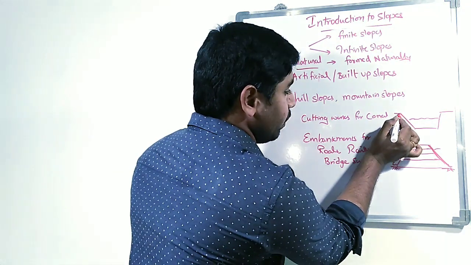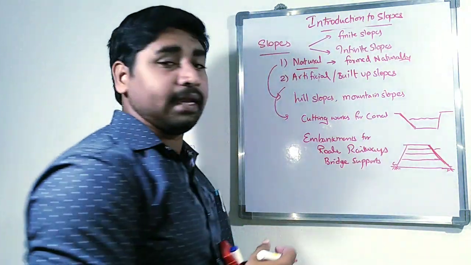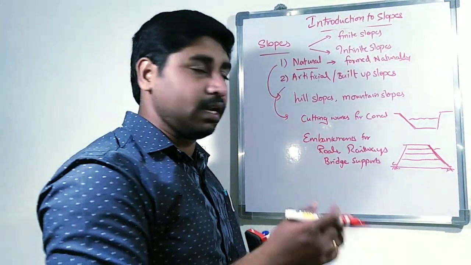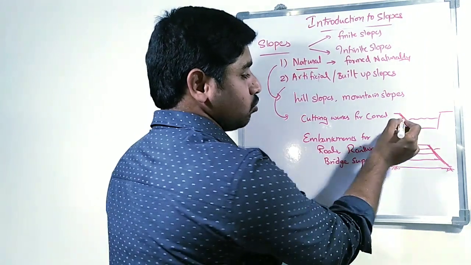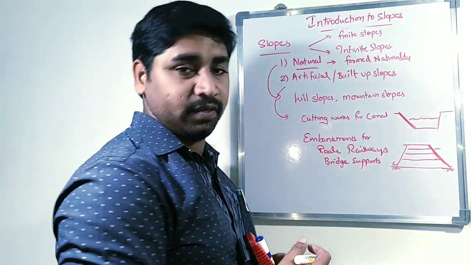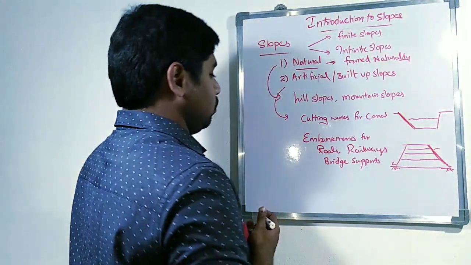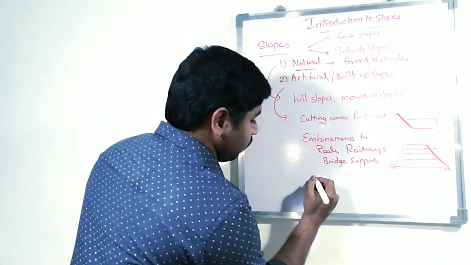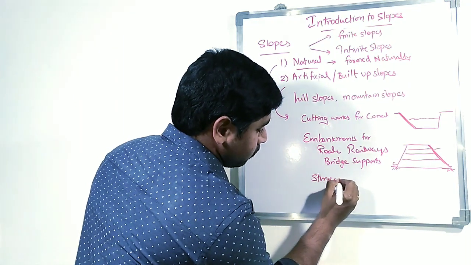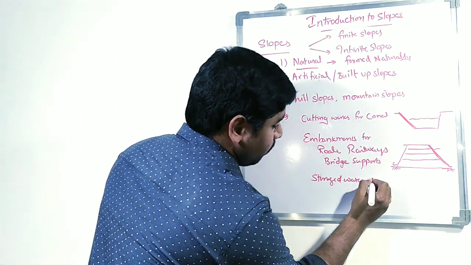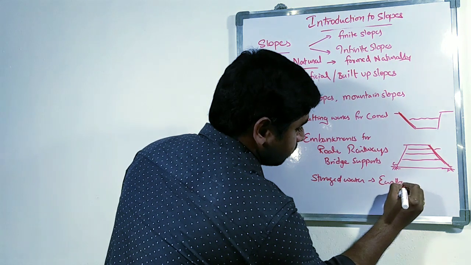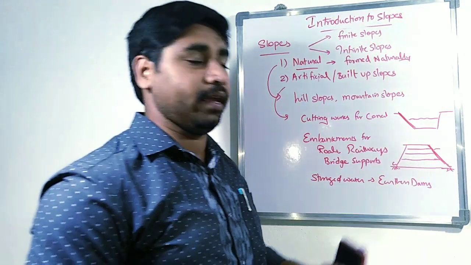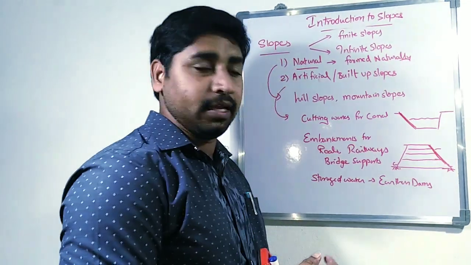Similarly, here also we will be doing cutting operation for laying of canals or for passing of canals. There also we will be having artificial slopes. Similarly, we will be doing embankment work for dams, for storage of water. We will be constructing earthen dams, and for earthen dams also we will be having a slope.